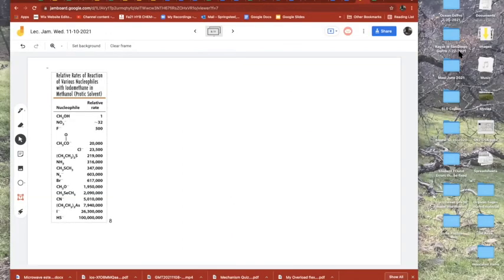Let's look at some more. Let's compare the nucleophiles bromide versus iodide. Remember, on the periodic table, it goes fluorine, chlorine, bromine, iodine, right? So size increases down.